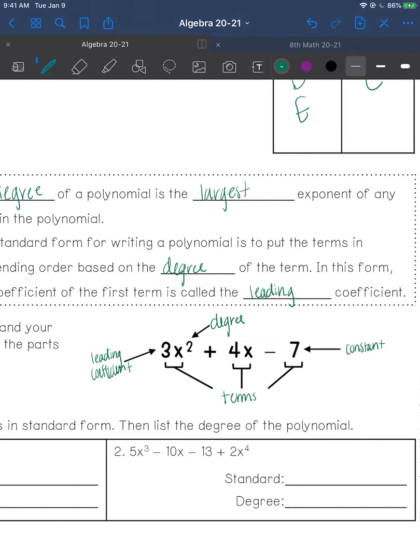So that's kind of a visual representation with the definitions. So we have our powers in order. Also, constants go at the end because the power of that variable would be 0, and x to the 0 is equal to 1. So that's why it goes at the end.